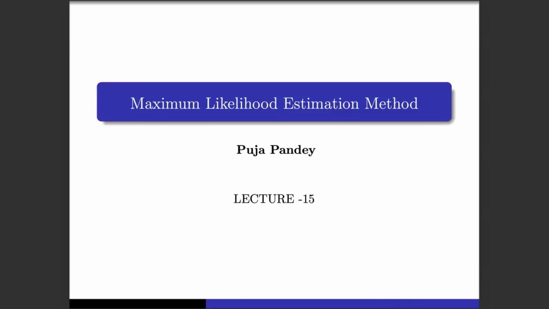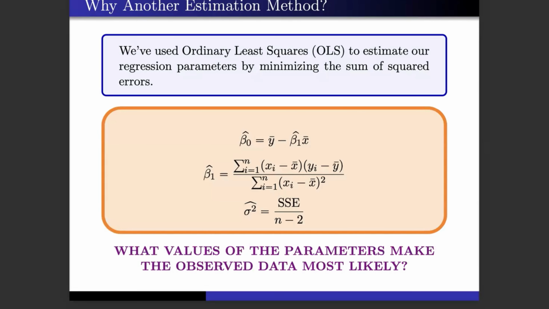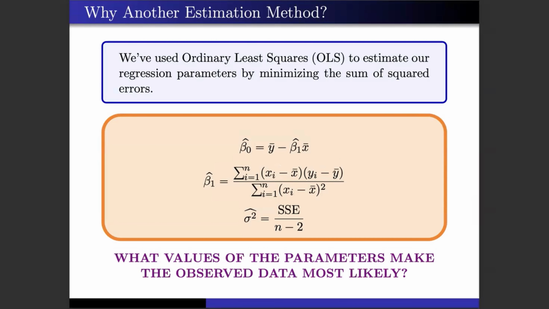likelihood estimation method. What we know so far is, given any simple linear regression model equation, we can estimate its parameter using ordinary least square estimation method, where we minimize the sum of squared errors and the value of the estimates is beta naught hat equals y bar minus beta 1 hat x bar.